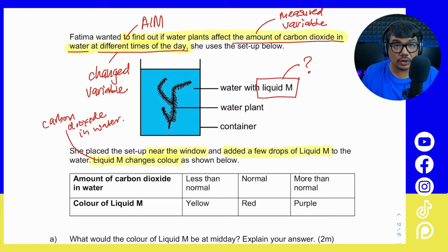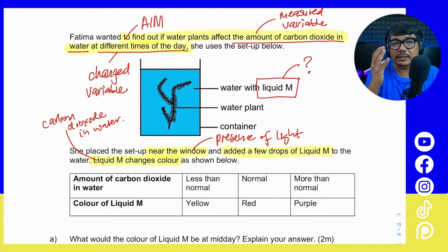Because the plant is near a window, there will be presence of light, and with the presence of light, there will be photosynthesis happening. The plant is going to need carbon dioxide, so the plant will be taking in the dissolved carbon dioxide in the water.